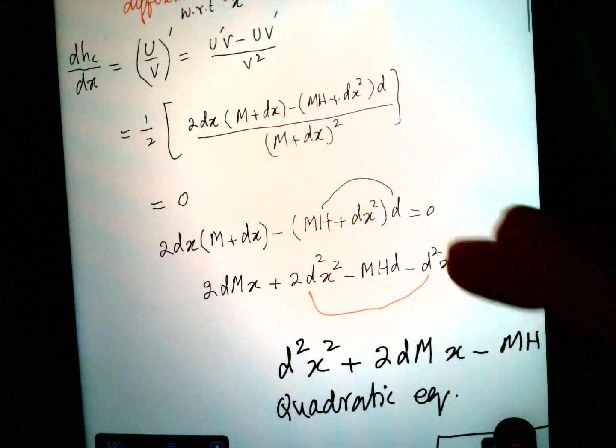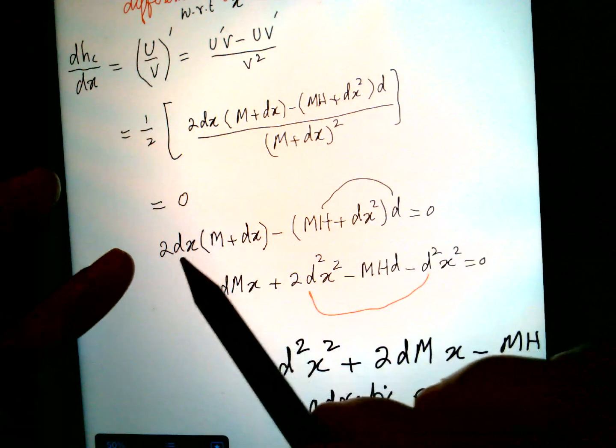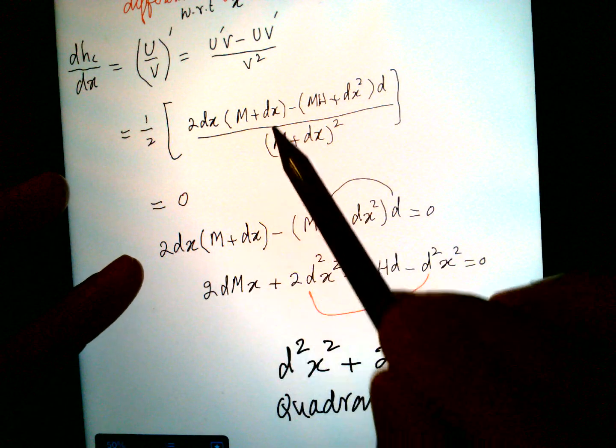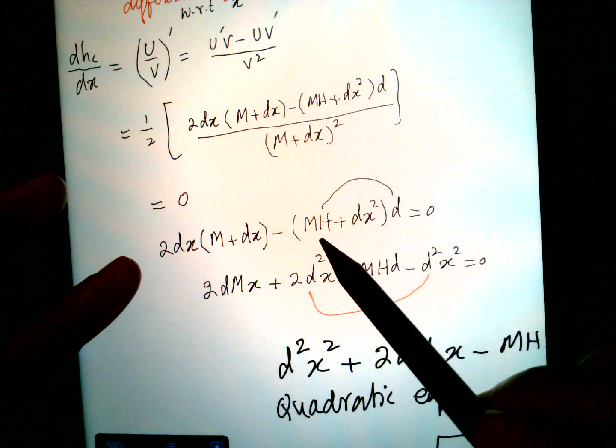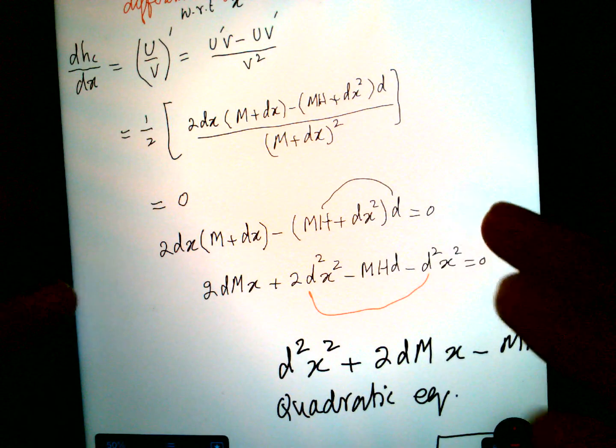The condition for the minimum is that this equals 0. So we will use this: 2dx (M plus dx) minus (M H plus d x squared) into d is equal to 0.